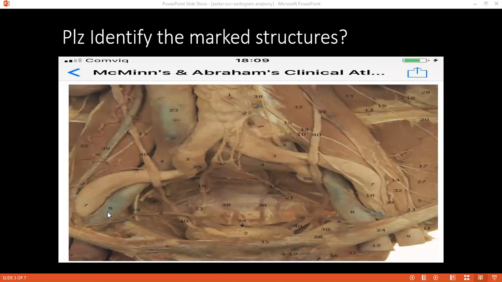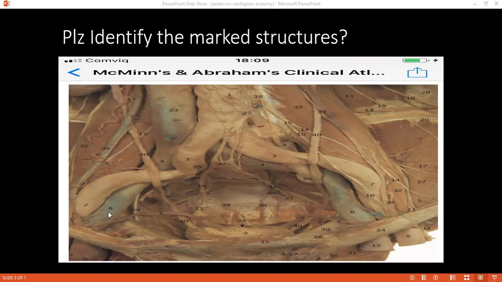Both inferior phrenic veins and hepatic veins, right suprarenal vein, both renal veins, right gonadal vein, fifth lumbar veins, and both right and left common iliac veins.